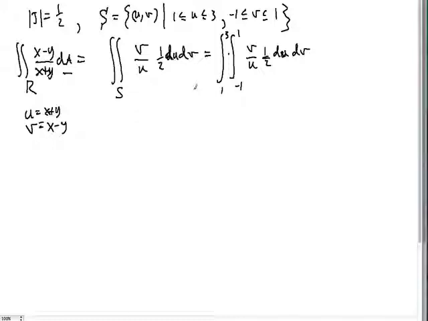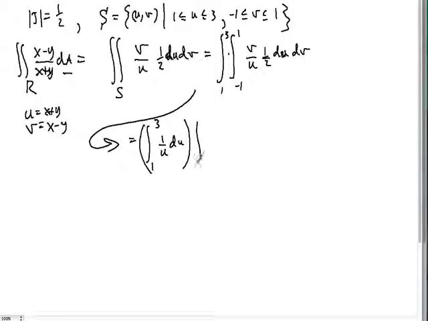So let's compute this integral, and we see this breaks up because we can factor this into a product of two functions, each a univariate function. From 1 to 3, this is the u function, so that becomes the integral of 1 over u du, and another integral from -1 to 1 of v dv.